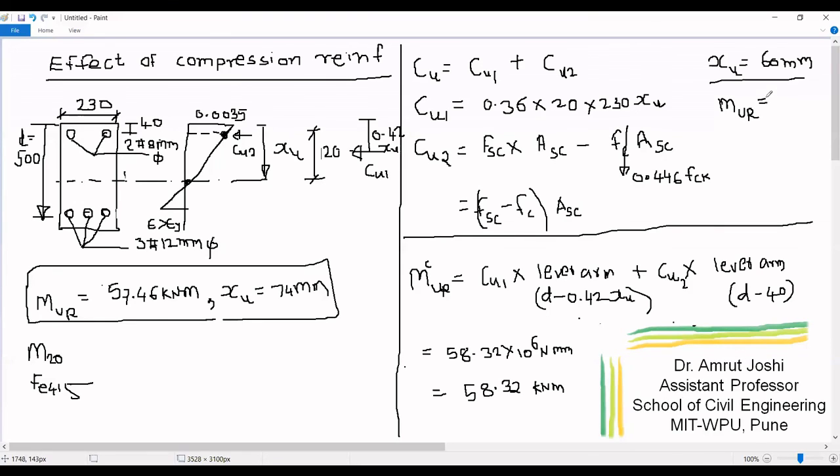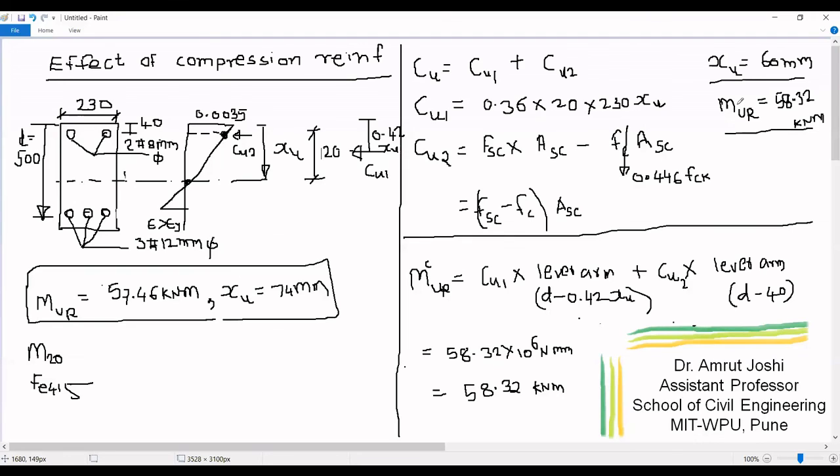So what do we observe? This ultimate moment of resistance of cross section in presence of compression steel along with tension steel is marginally more than moment of resistance of a cross section without provision of compression steel.